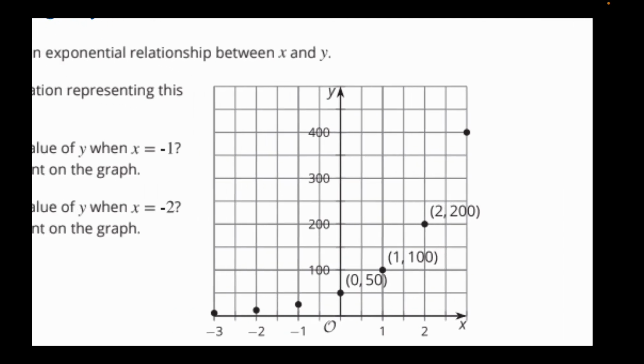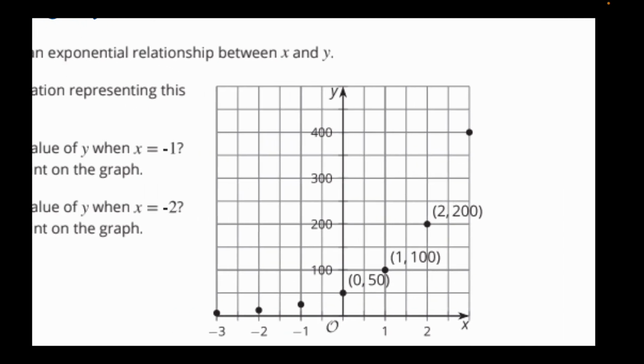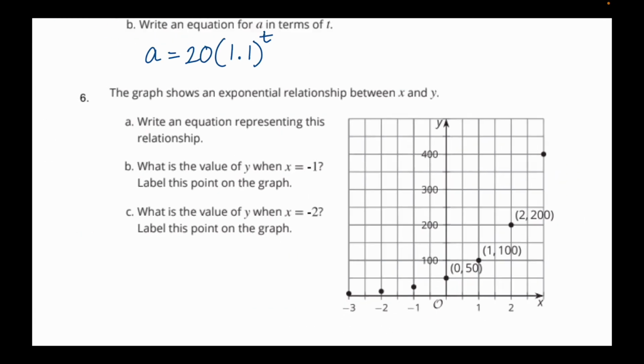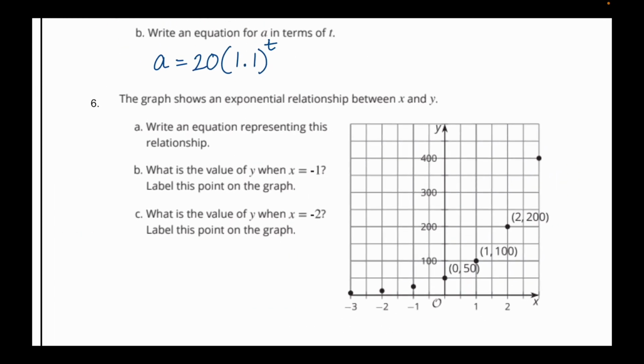So the initial value, we're used to looking all the way over at the left, and that's not quite correct here because my axis for my vertical intercept is now in the middle. So we are going to use this point, which is labeled for us with numbers, which is nice, as our initial value. So 50 is when we have 0 as our input. So for x and y, y is equal to 50.